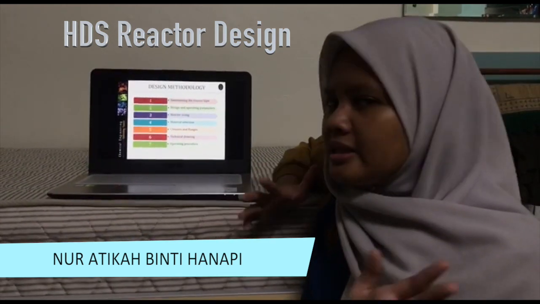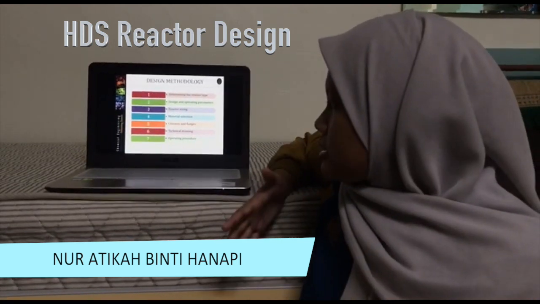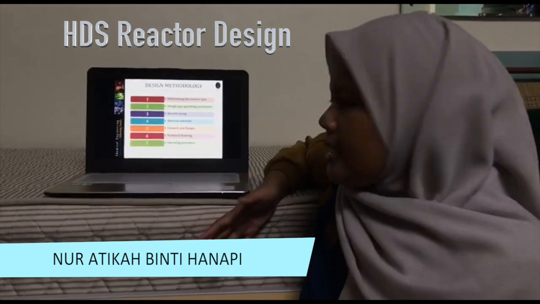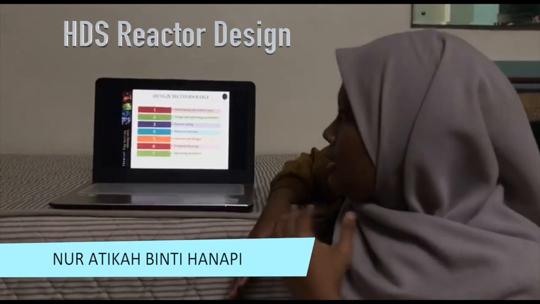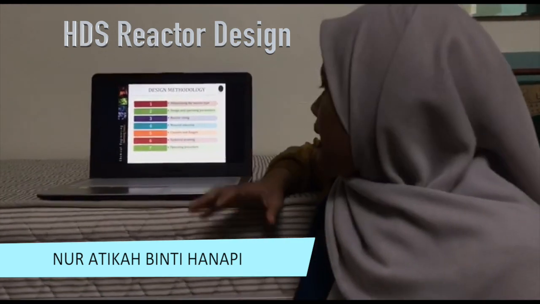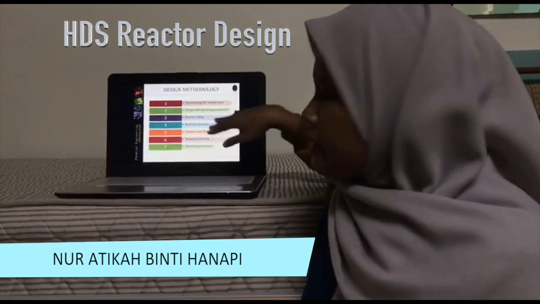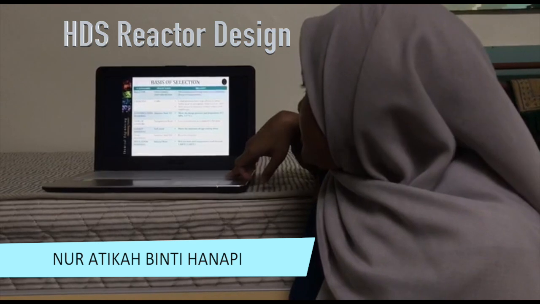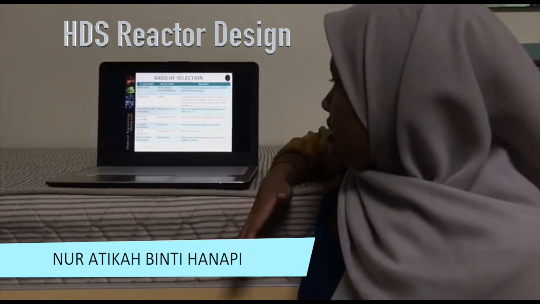Then I go for material selection, closures and flange, technical drawing, and the last, after all the design is complete, I create the operating procedure.